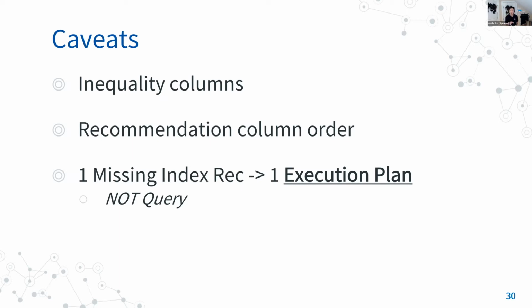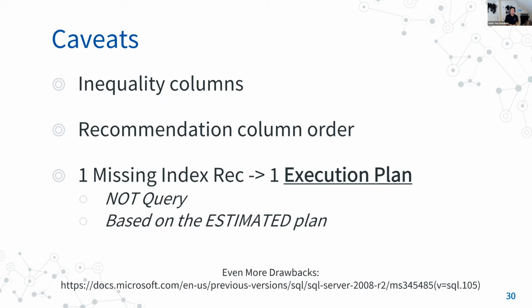So understand the missing index recommendation and its scope can be a real big challenge. And then finally, understand when the execution plan is created. It is created by the query optimizer when it's parsing everything, and then it's handed off to the storage engine for actual execution. And how many times have we written a query and we see SQL Server start to run it, and wow, this is taking a whole heck of a lot longer than we expected.